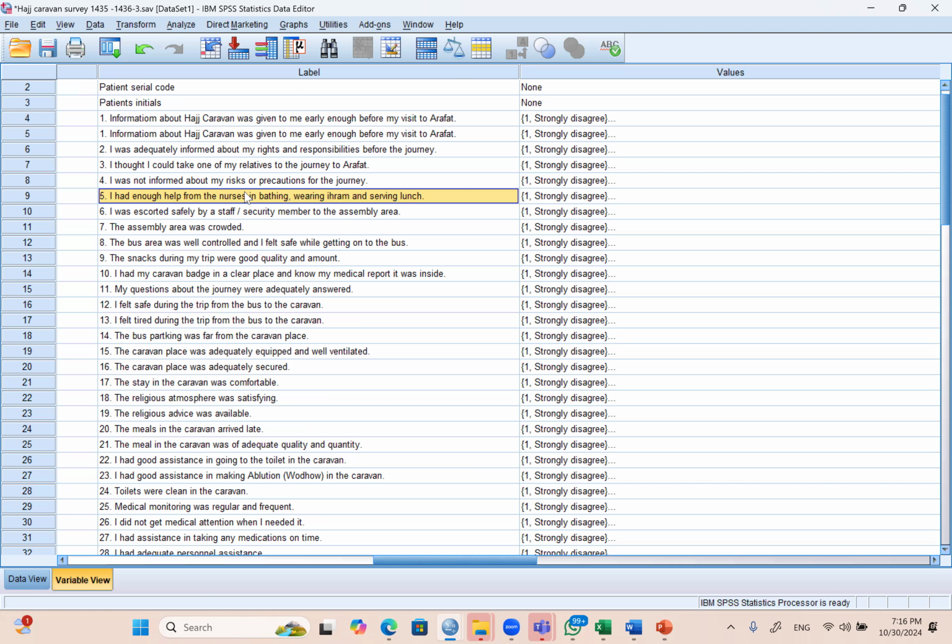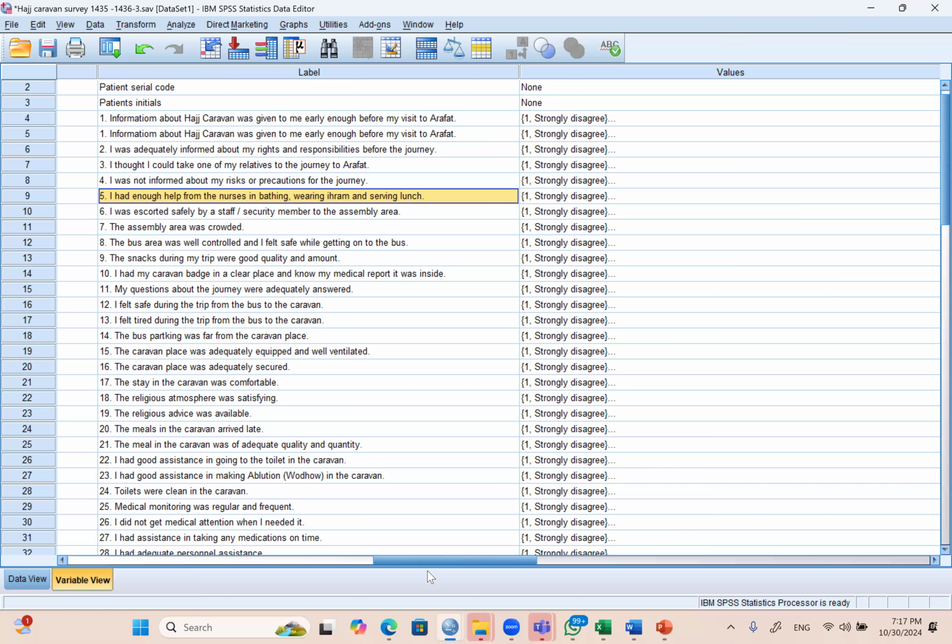Then we have a subscore for questions about spiritual aspects of, let's say, the Hajj journey. For these, we can report the sum of the questions or the average, and the average, or the mean, is better: you sum up the answers of 4 questions and divide by 4, so you get the mean.